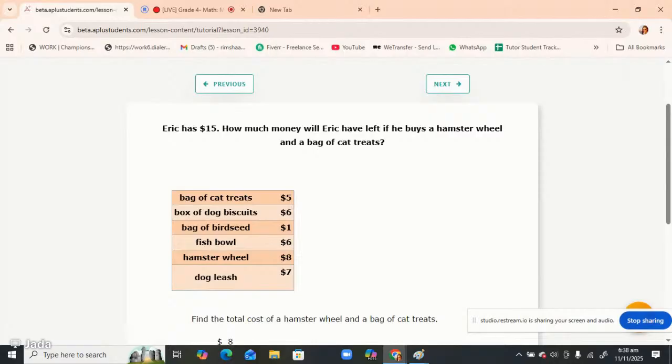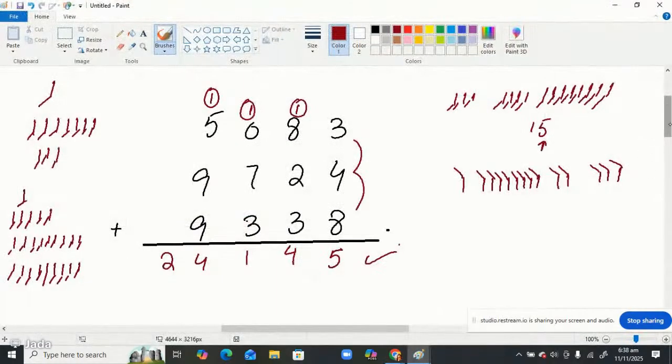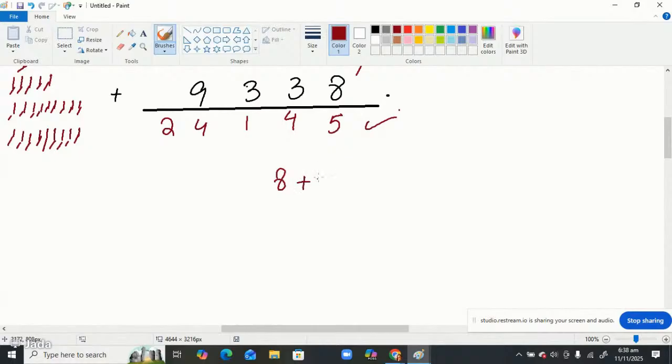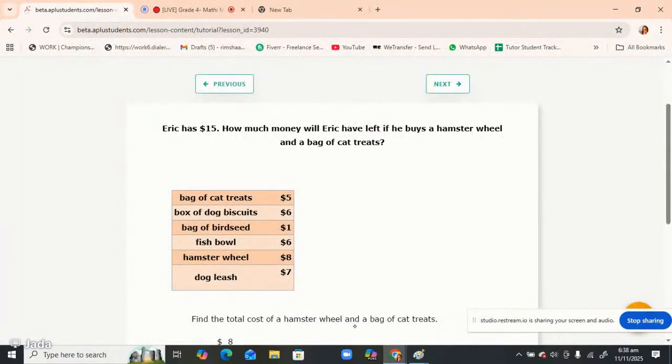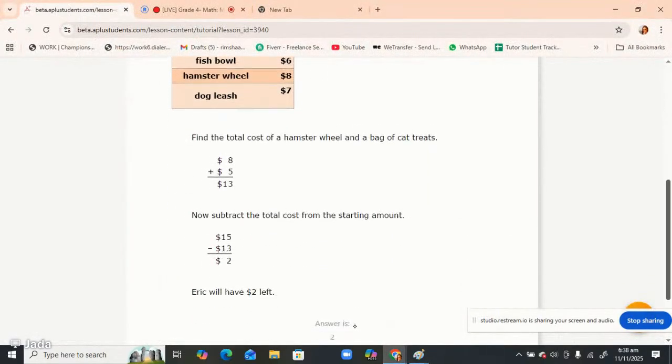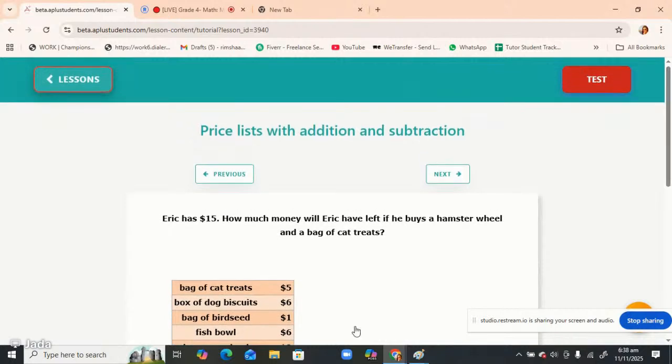That is 8. And how much the bag of the treats? That is 5. 8 plus 5 is? Let's see. What is the answer of 8 plus 5? It's 13. And how much the total money have? 15. So yes, you can say that it's $2 left. Okay.